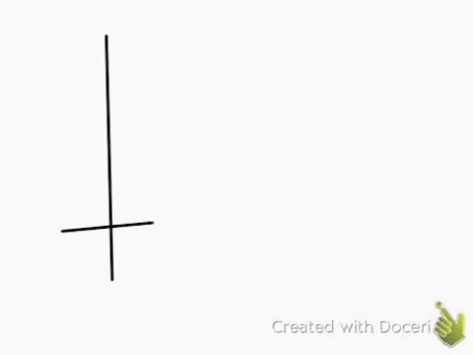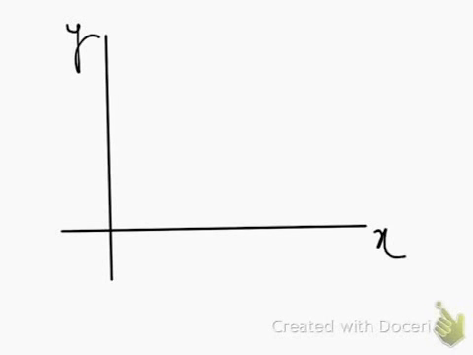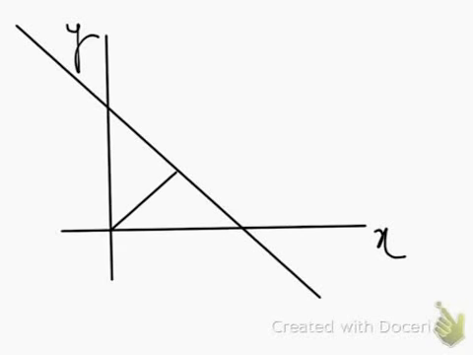Now there is another form of a line. It is called the perpendicular form of the line. So now let us consider we have the axes like this, where this is the y-axis and this is the x-axis. Now we have a line which crosses like this, and from the origin I have a perpendicular dropped on it.